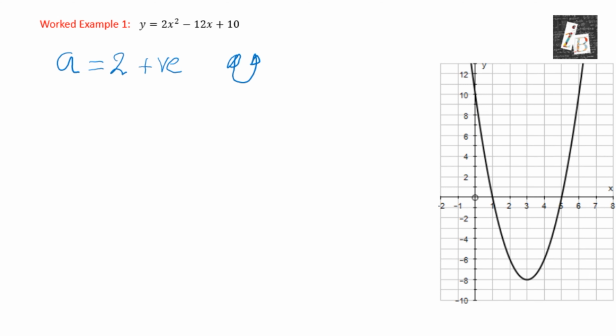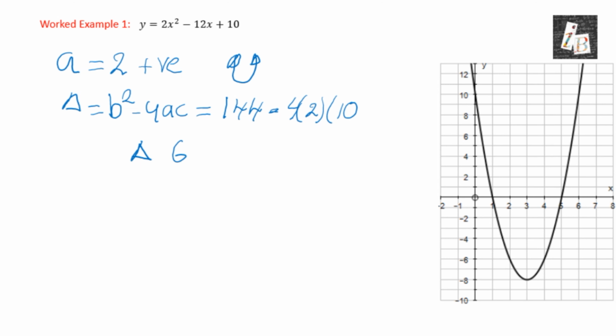Now we will calculate delta, the discriminant, which is b squared minus 4ac. b squared is 144 because it's 12 squared, minus 4 times a, which is 2, times c, which is 10. So we will get that delta is 64. As we studied before, delta is bigger than 0, so we will have two real roots, x1 and x2.